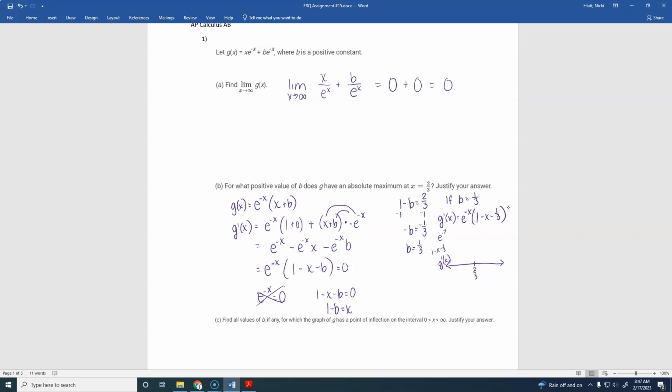You really could make that 2/3 minus x there. E to the negative x is always positive, so it doesn't really affect the sign of your derivative. So if we plug in a number like 0, we're going to get 1 minus 1/3, which is going to give us a positive number right there. If we plug in a bigger number like 1, we would get 1 minus 1 minus 1/3. We'd get a negative over here. So you get a positive and a negative.